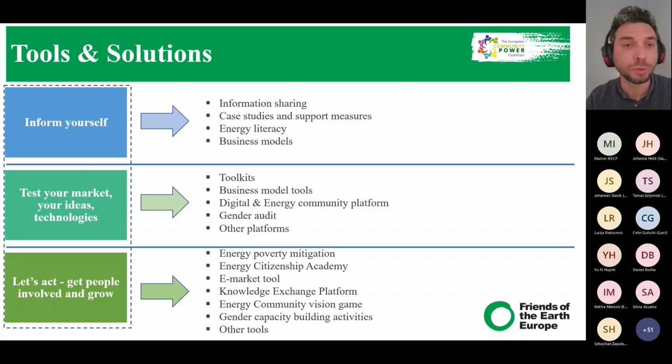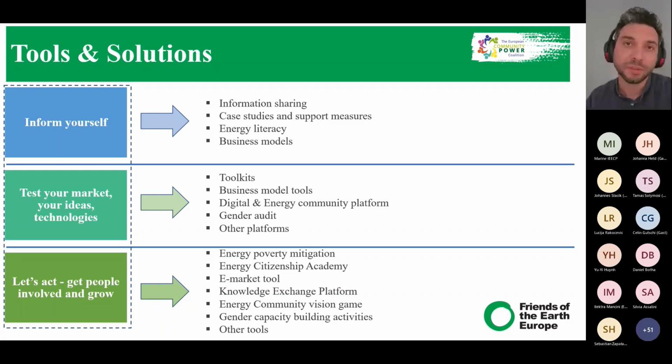I'm really looking forward to actually seeing them. Test your market, your ideas, and your technologies. All those toolkits, new business model tools, platforms, audits, all those tools that will be presented, I think, will provide a very good idea of how to test those new ideas that come up.